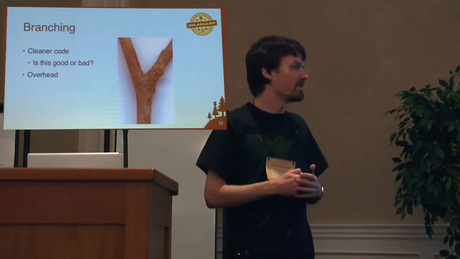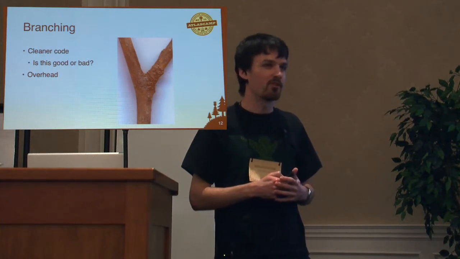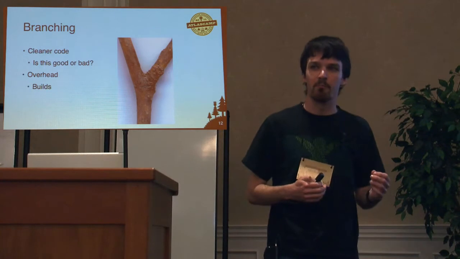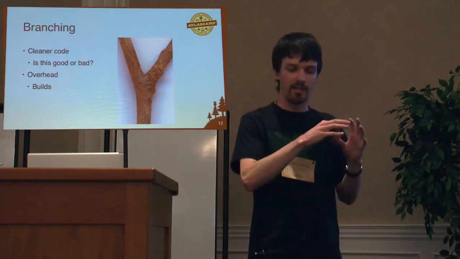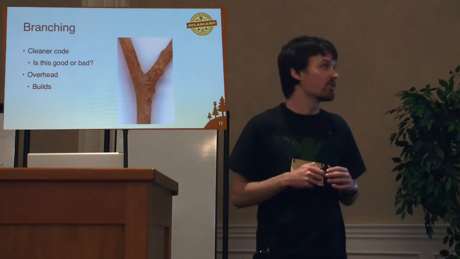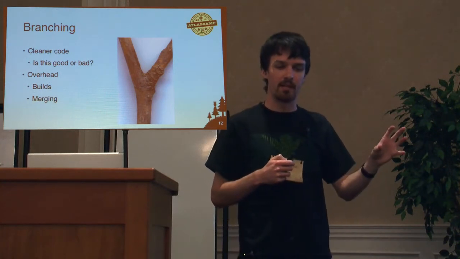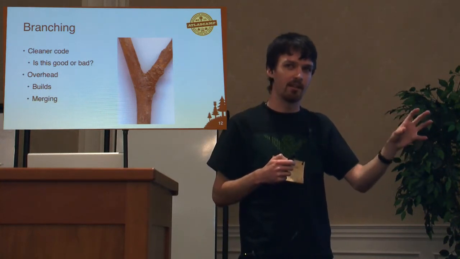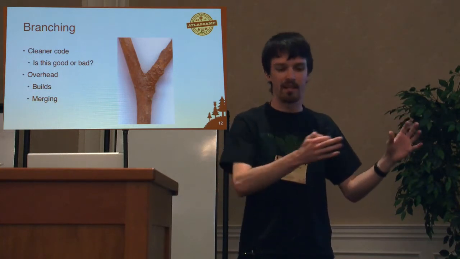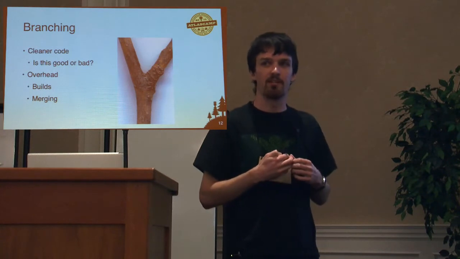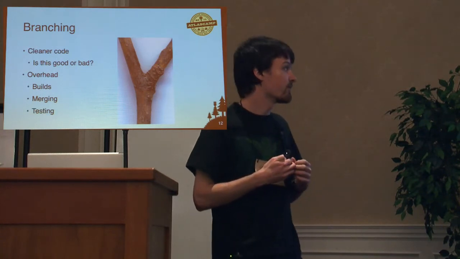And one of the big disadvantages with multiple builds is just the amount of overhead that it incurs in your development process. So there's overhead in builds, being able to build across each of the branches for each of your JIRA versions. There's overhead in merging, so when you build some functionality targeting one version of JIRA, you then have to try and merge them across each of your branches and fix up any of the breakages that may have occurred when you've made those changes.